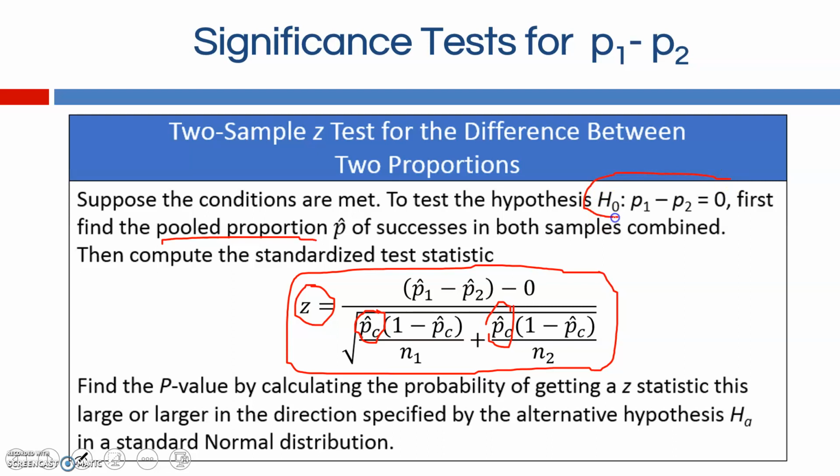And the main reason why you're doing that is because you are using a null hypothesis that assumes p sub 1 and p sub 2 are equal. And when doing that, you use your pooled p-hat to get that standard error on the bottom. Notice n sub 1 and n sub 2 are different, but you do use that combined or pooled p-hat for the numerator of both of those fractions.